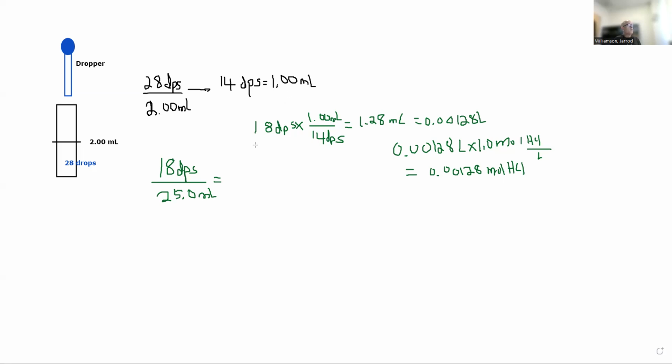Okay. So then I take my 18 drops for 25 mils. And if I do this, 18 drops and 14 drops is 1 milliliter.